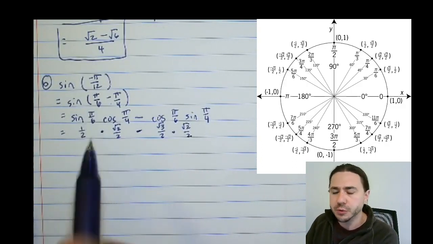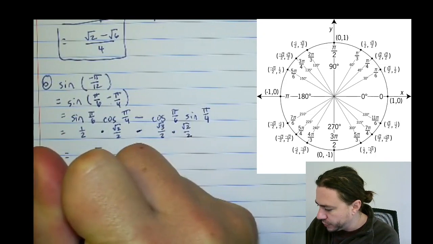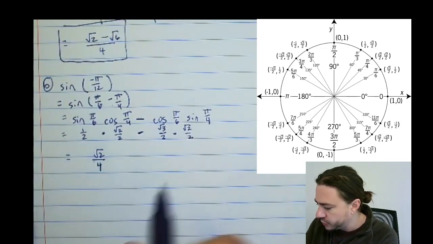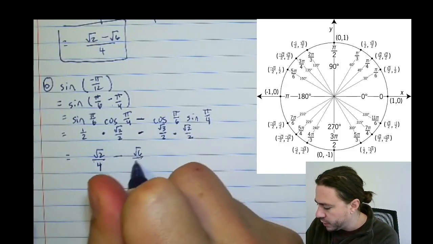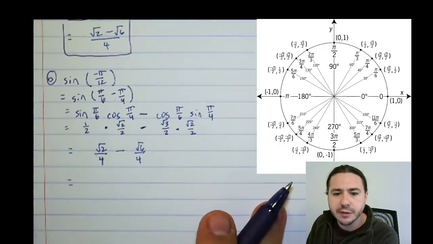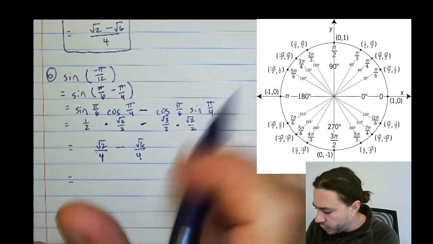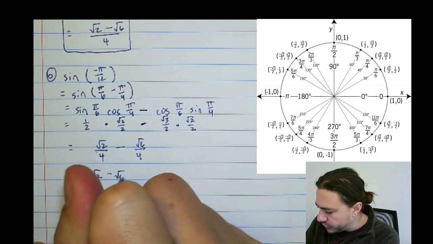So 1 times root 2 is just root 2. So you get root 2 over 4, 2 times 2 is 4, minus root 6 over 4. Let's go ahead and pull that together. We've got a common denominator, so nothing to worry about there. Root 2 minus root 6 over 4.